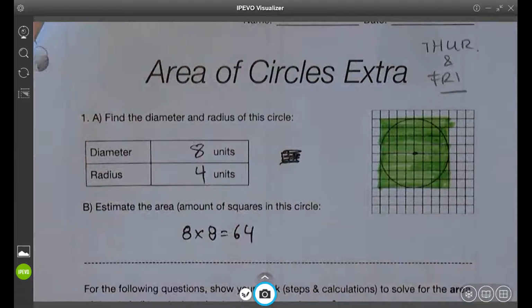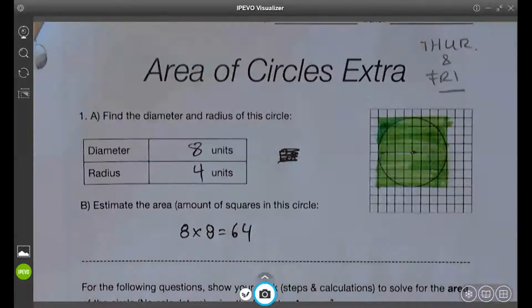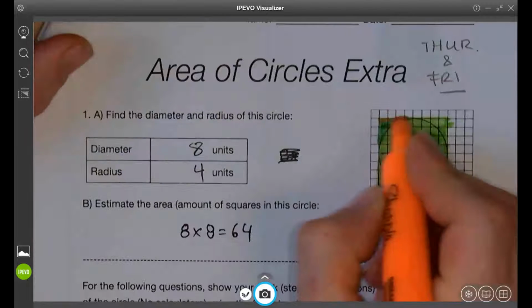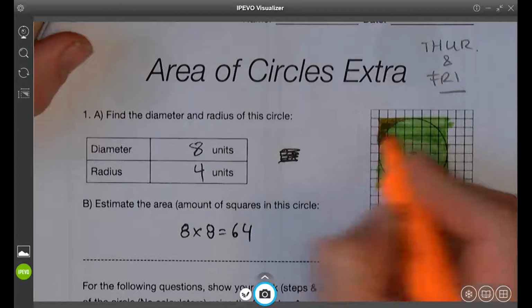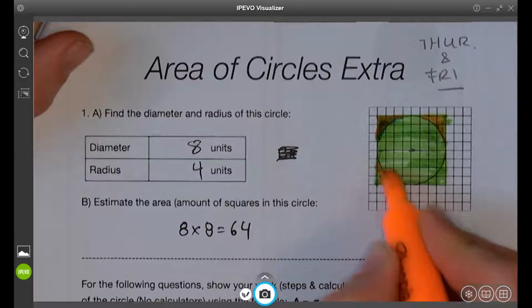I do not want the area of that square. So I'm going to get rid of these triangles, it's kind of like estimating the triangles. How am I going to get rid of those? I just want the green.